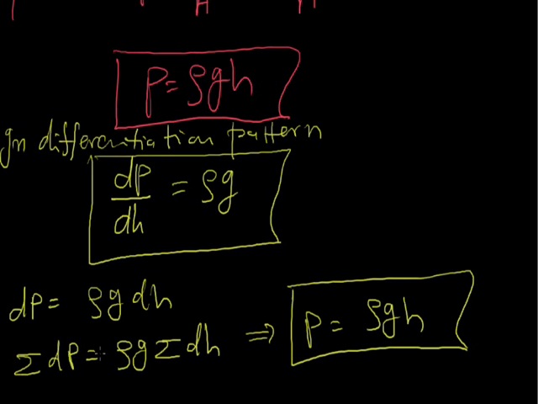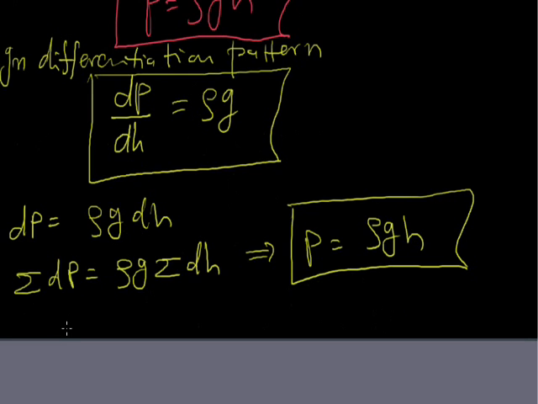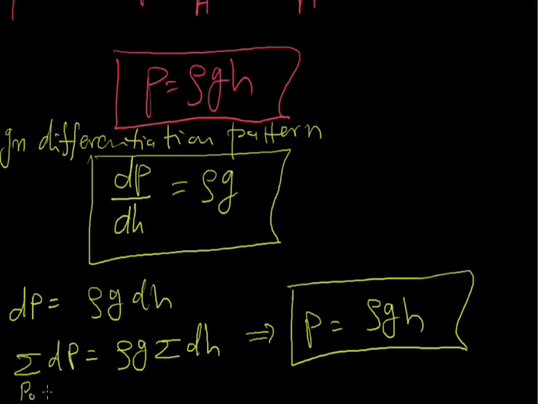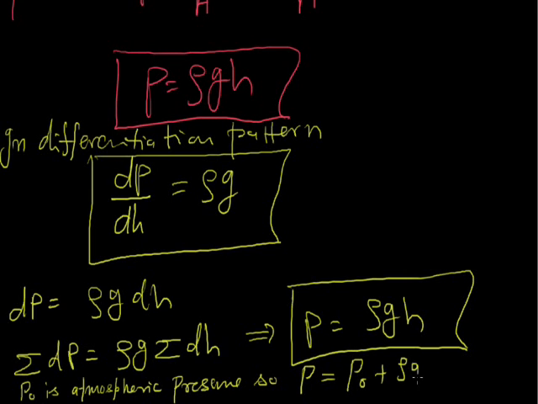Again, if the atmospheric pressure is P0, then the total pressure P is equal to P0 plus rho g h.